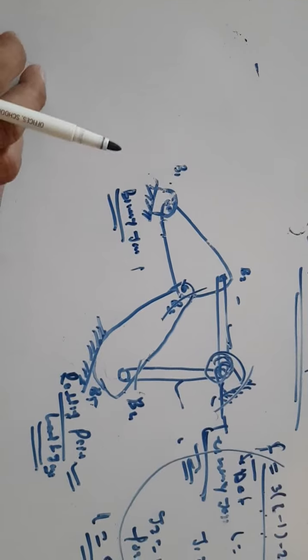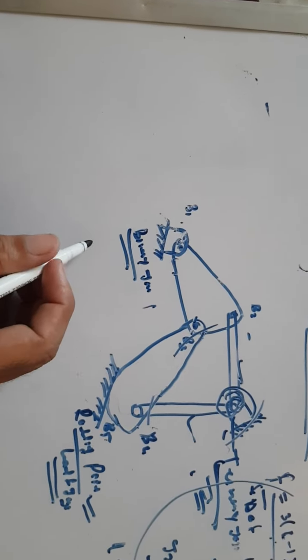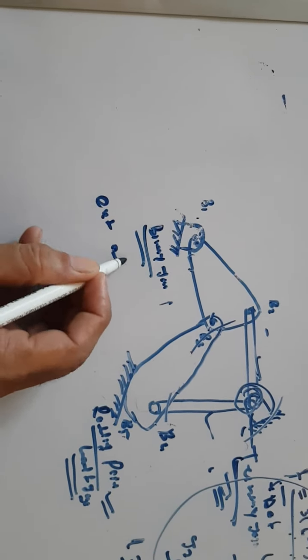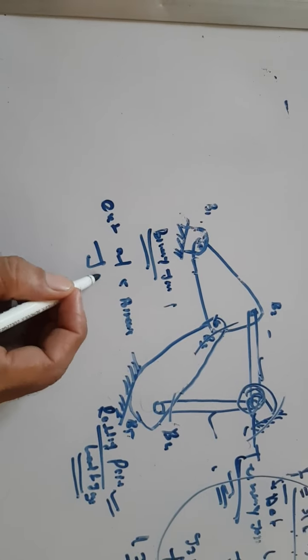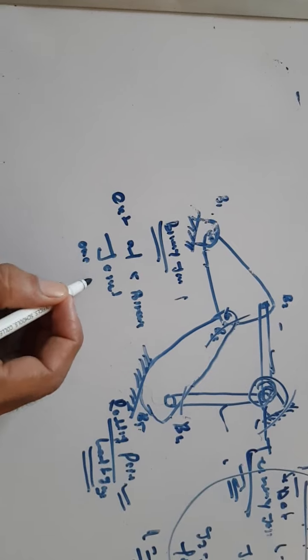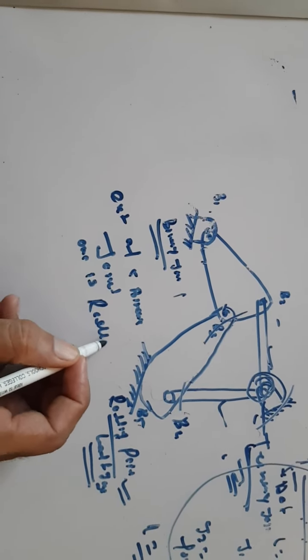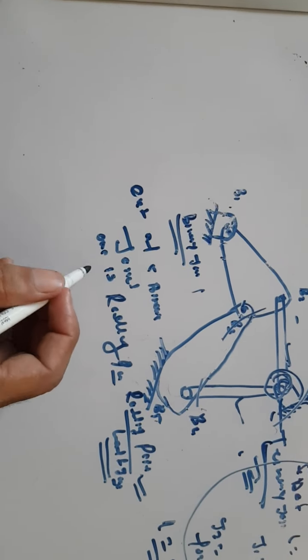And now from the structure we have seen that out of the 5 binary joints, one is a rolling pair, and it is a half joint.